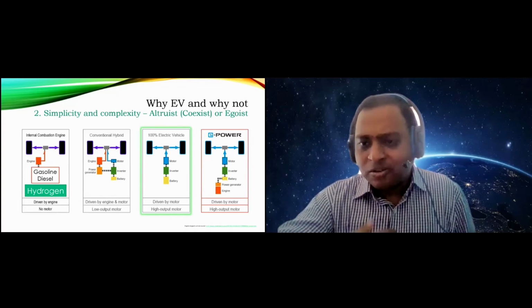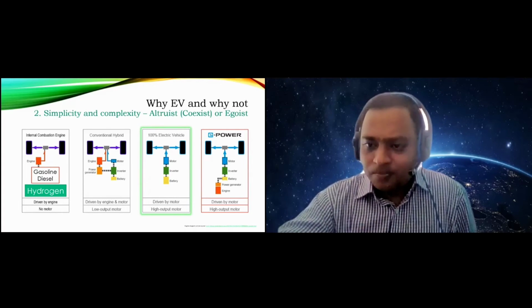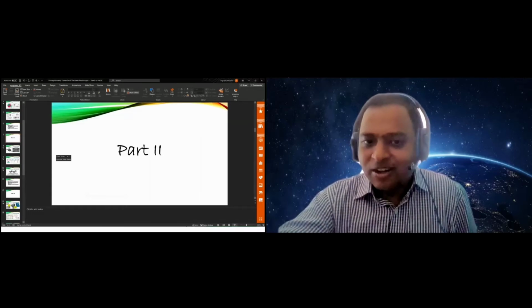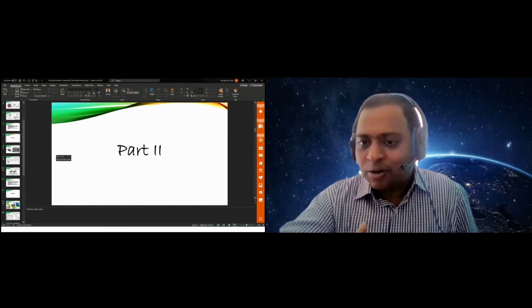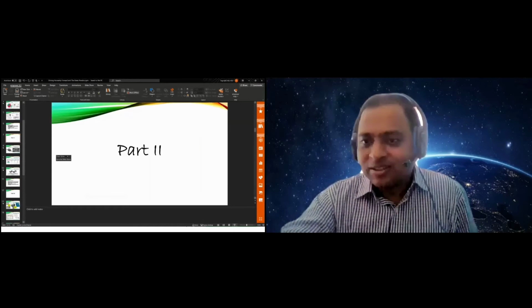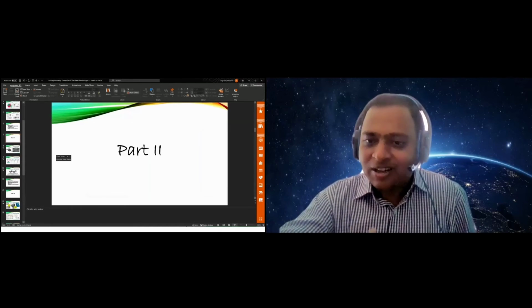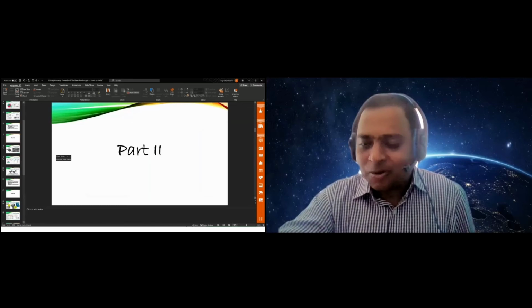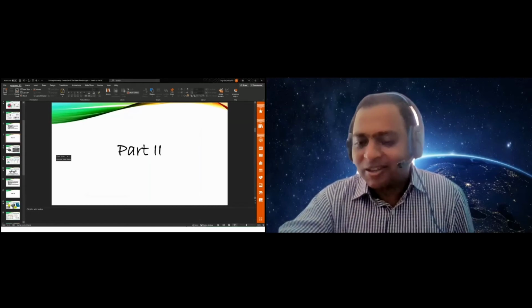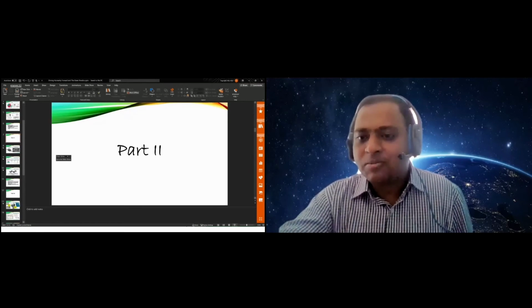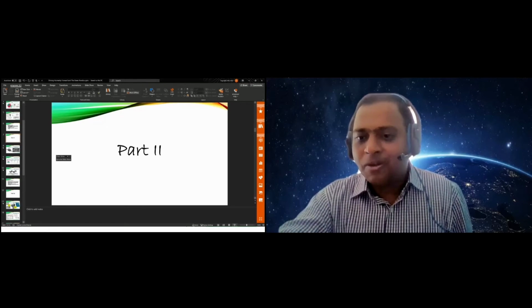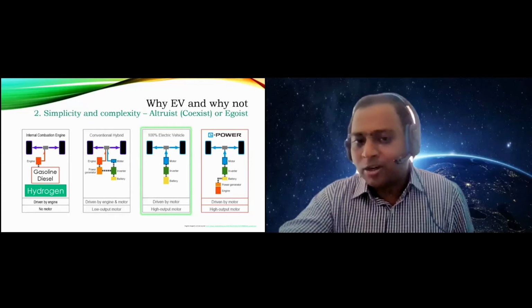Just imagine if EVs have to do that, then you need to have a similar infrastructure created first. We also need to understand the refueling or recharging time. If that is there, the same scenarios could be repeated and people can join in.